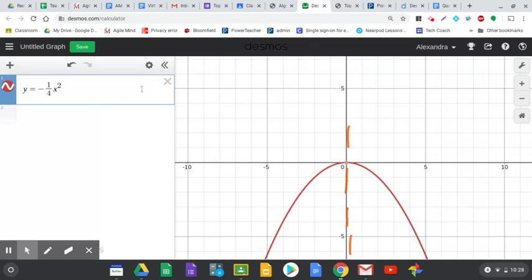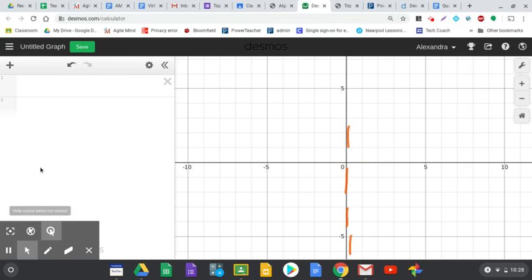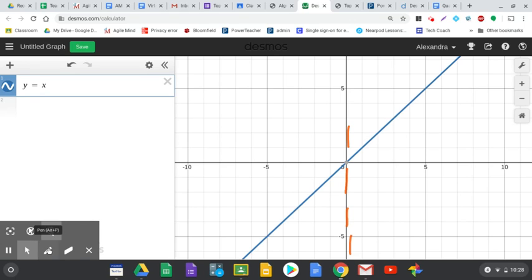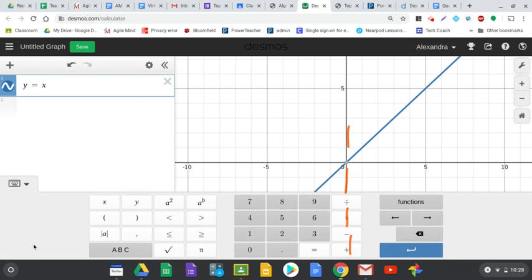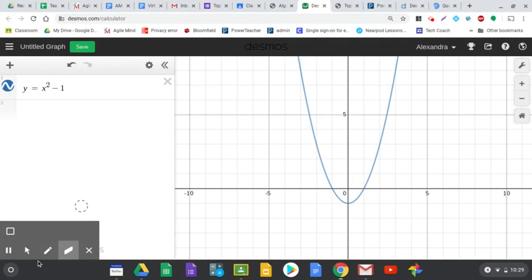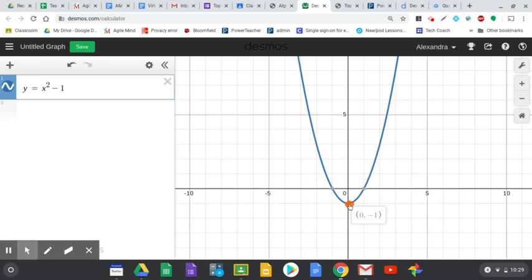So if we type this first one in, we have y equals x squared minus 1. The idea of this vertex, again, helps you here because your vertex is right here. It's a minimum. That's the lowest point of the parabola. So if you hover over the vertex, you'll see that the coordinates are 0, -1.